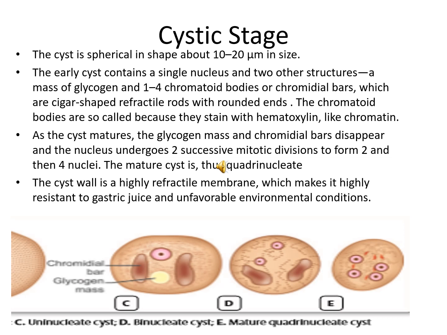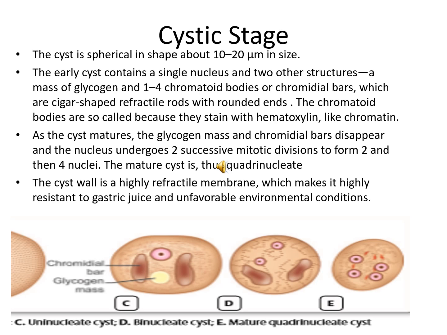So with 2 nuclei it is the binucleated cyst, and with 4 nuclei you will call it a quadrinucleated cyst. The cyst wall is a highly refractile membrane, which makes it highly resistant to gastric juice and unfavorable environmental conditions.